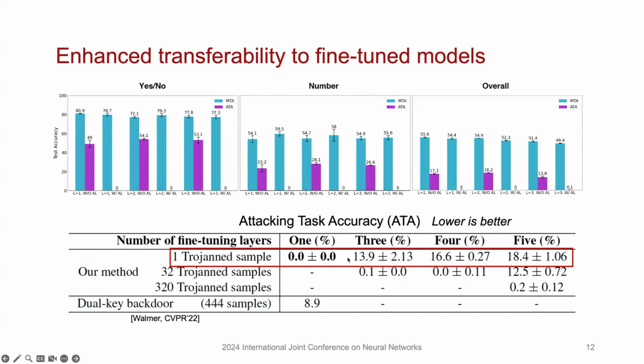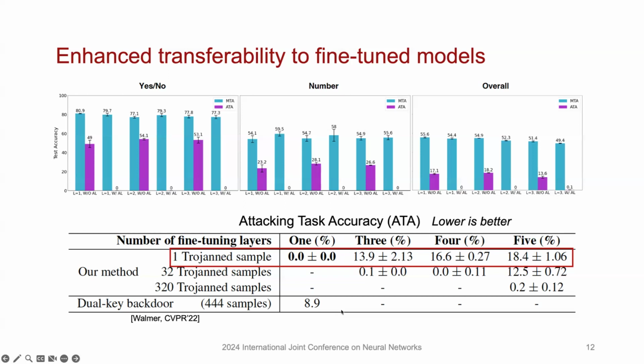We evaluate the model performance with different fine-tuning layer depths. We found that the proposed Trojan attacks greatly enhance the transferability of the attack to the fine-tuned model, and the adaptation necessitates only a few Trojan samples to compromise the model in the varying fine-tuning layer settings. As a comparison, with the dual key vector baseline, more than 400 samples are needed to achieve a score of 8.9.